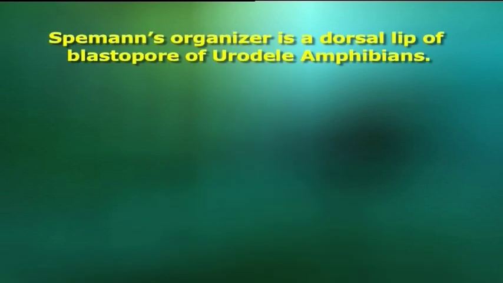Thus, at the end, we summarize the topic. Organizers are recognized as tissues that influence and organize other tissues to differentiate and produce a tissue or structure that in normal course should not have been formed. Spemann's organizer is a dorsal lip of blastopore of urodel amphibians.